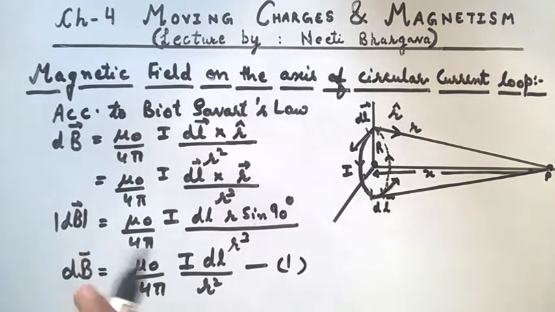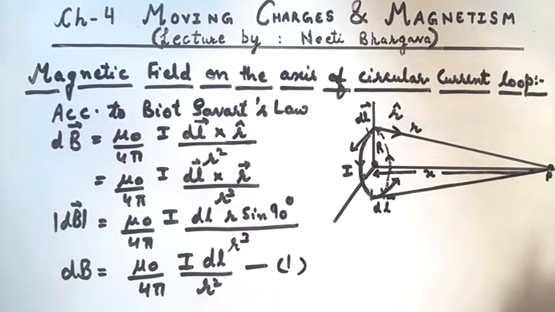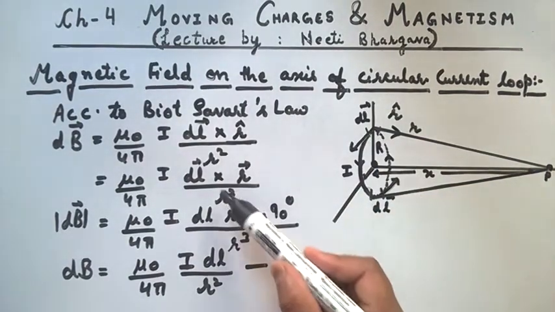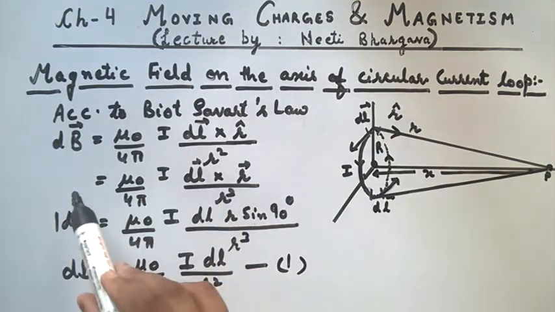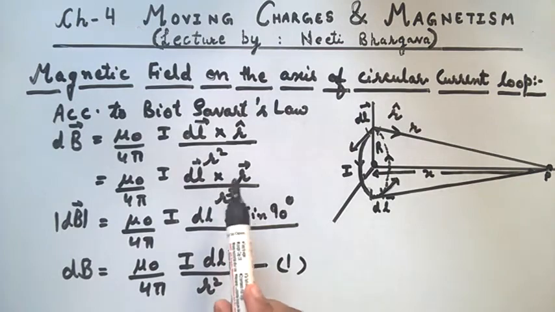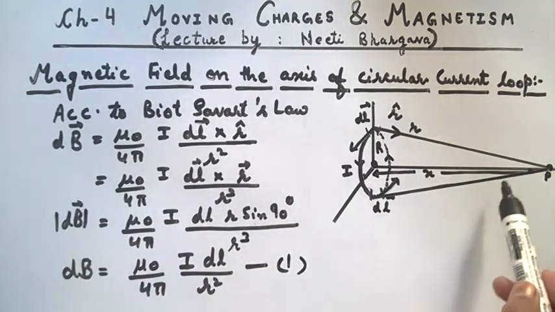We can also calculate the direction of magnetic field. Here we can see that dl cross r gives the direction of magnetic field, which is the third vector. These are two vectors, and direction of the cross product is given by the third vector, which is perpendicularly placed.